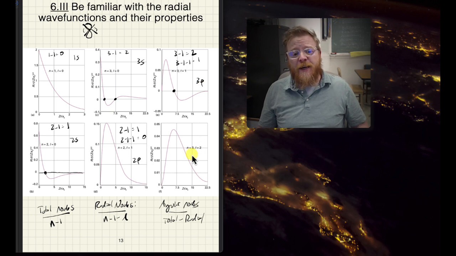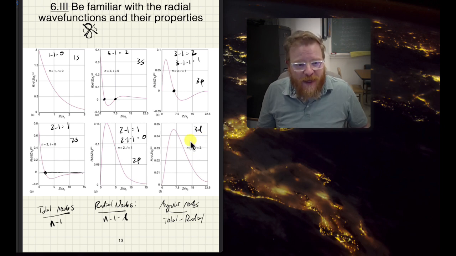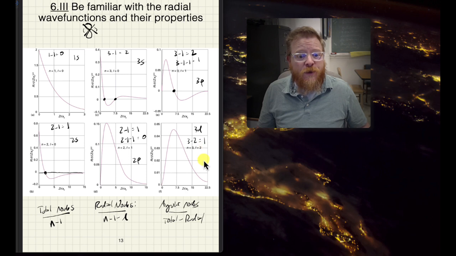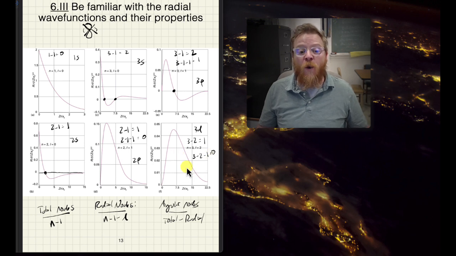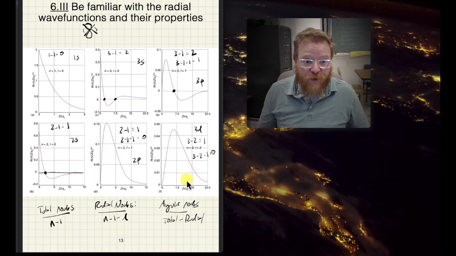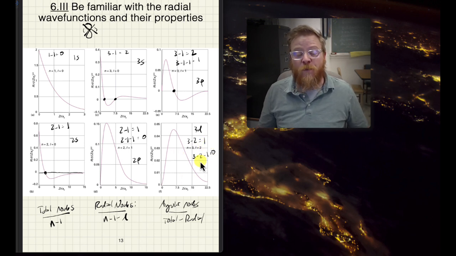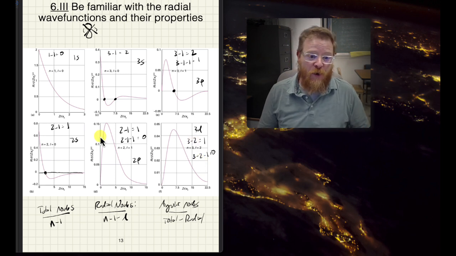And finally, for n is 3 and l is 2, which we should recognize as 3d, that's going to go 3 minus 2 equals 1 total node. And then from our radial node profile, we can see that that's 3 minus 1 minus 2, so 0 radial nodes, which means that one node that we have right there is an angular node. Okay.